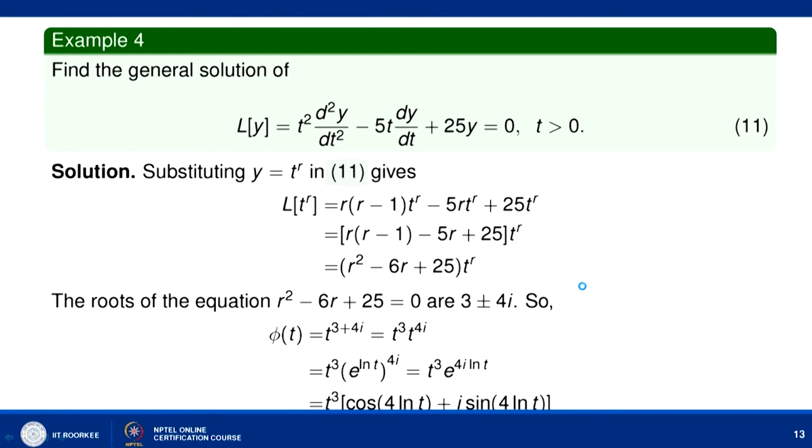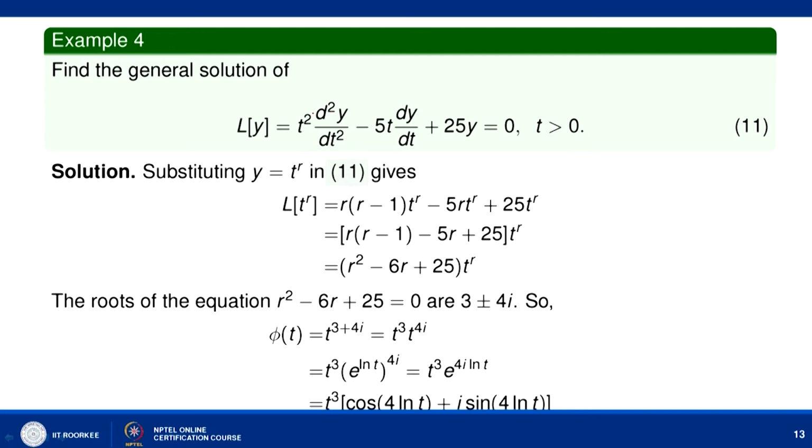Now, let us take one example based on this. Here we take Ly as t square d2y by dt square minus 5t dy by dt plus 25y equal to 0. Please remember, in the case of a Cauchy-Euler equation, the order of the derivative is 2 here, and the power of t is 2.